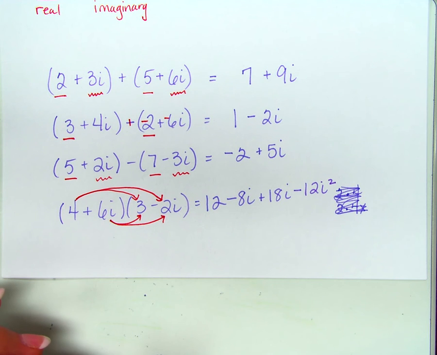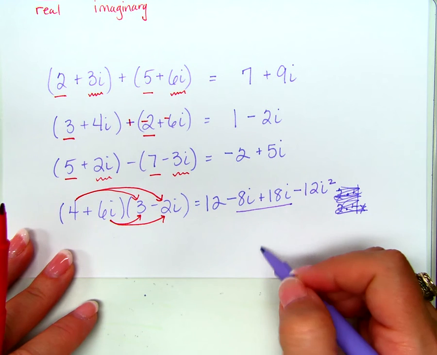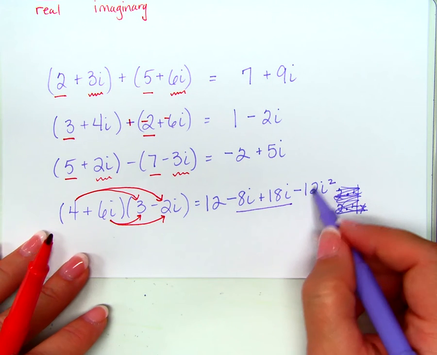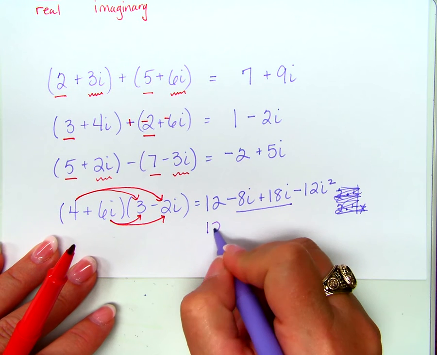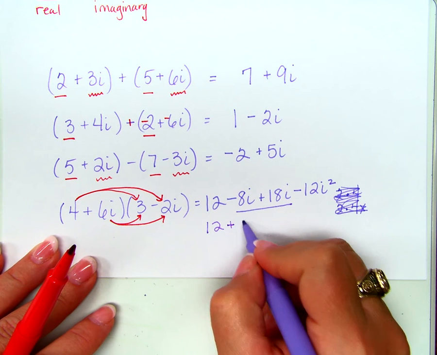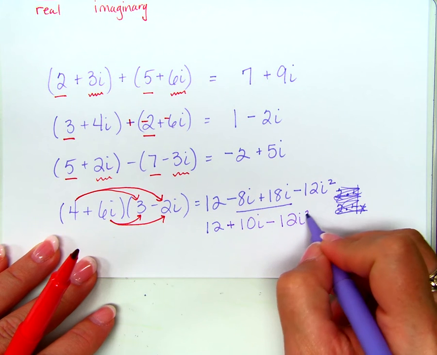What do you think we should do? I should combine my imaginary parts, right? These two. Can I combine it with this one? No, I can't, but I can sure combine these two, right? 12 plus 10i minus 12i squared.